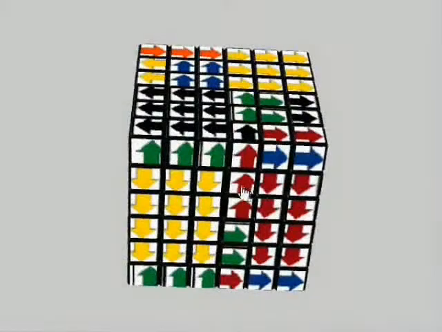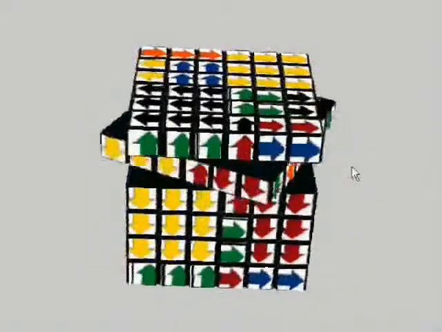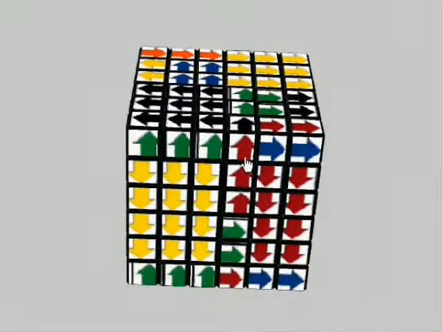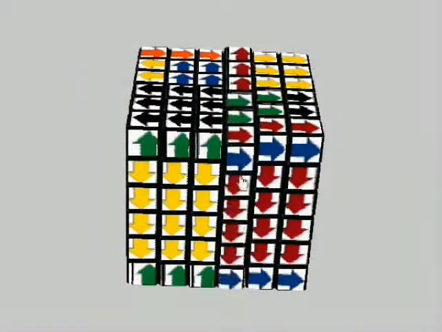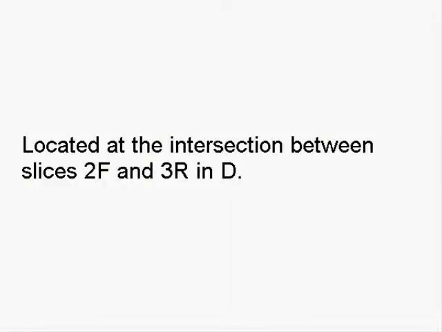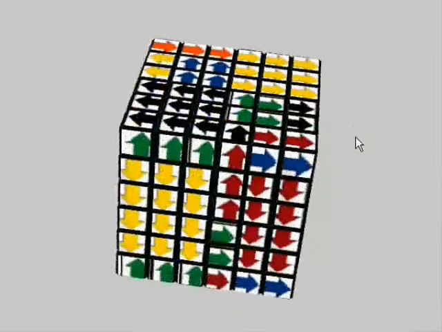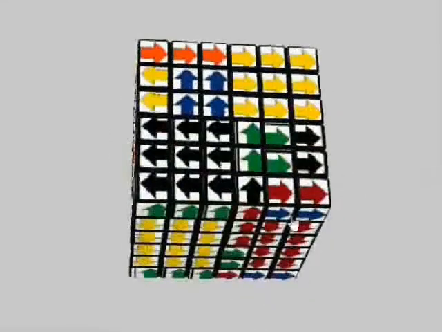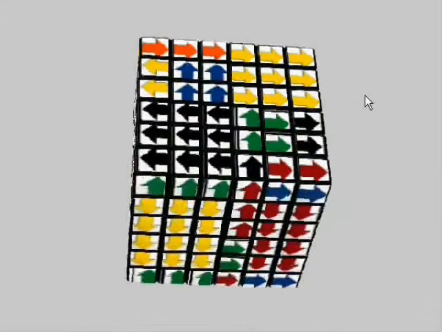So this is 2F, and it's intersected with the slice 3R, and it's occurring in D. So in technical terms, this piece is located at the intersection between slices 2F and 3R in D. Now since we found that piece right there, we're going to find the other piece.